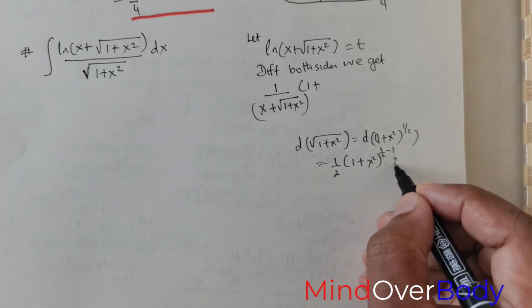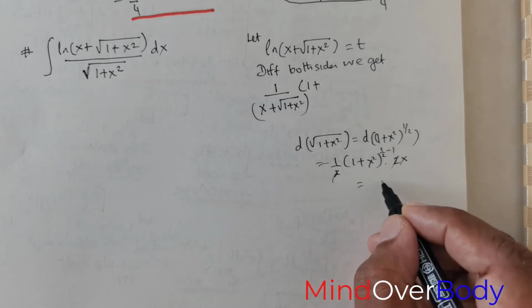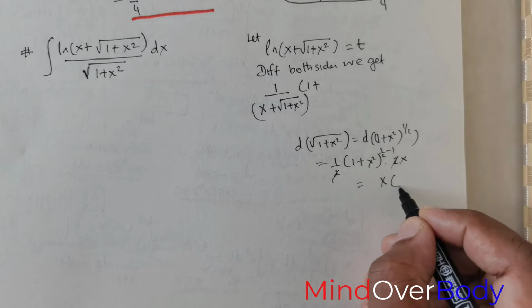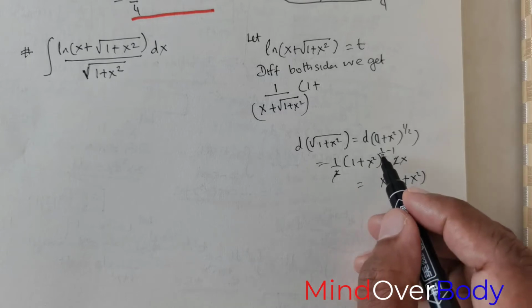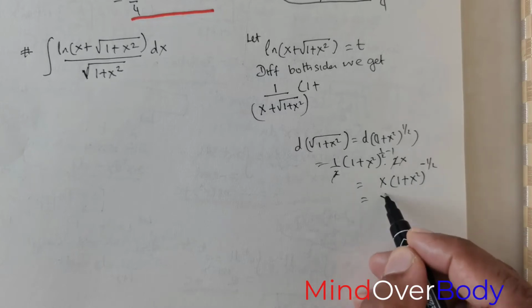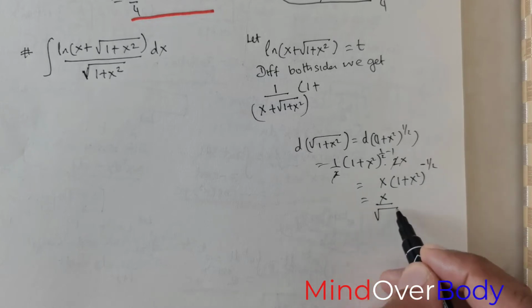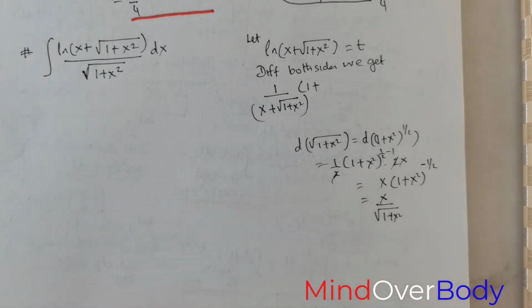The differentiation of x squared is going to be 2x. So 2 can be cancelled. This is going to be x times 1 plus x squared raised to the power of half minus 1, which gives you negative half, which can be rewritten as x over root of 1 plus x squared. So this is just for your understanding.